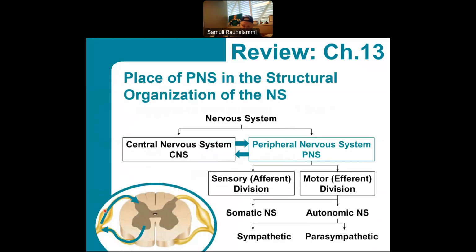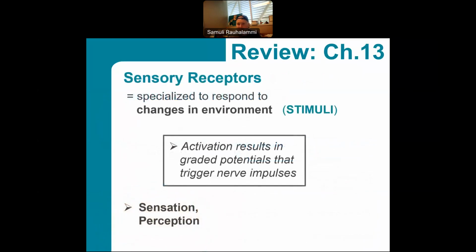We're seeing the dorsal root carrying the sensory information into the spinal cord, whereas the ventral root is going to carry the motor information out from the spinal cord. So there we're seeing our afferent and efferent nerve fibers. Familiar terms that you've heard before, but just making sure that we're familiar with those.